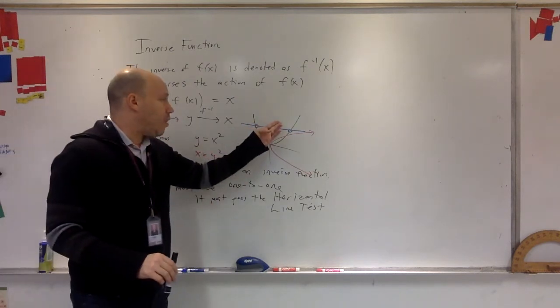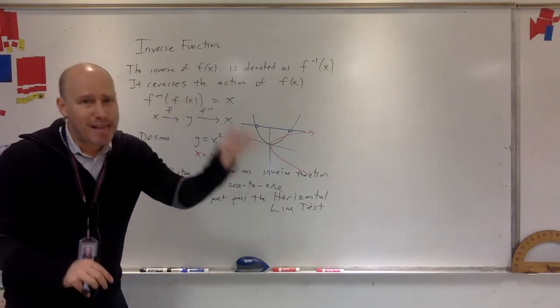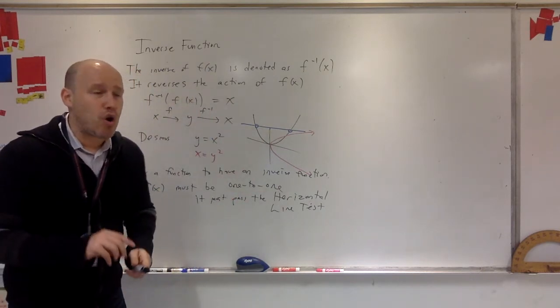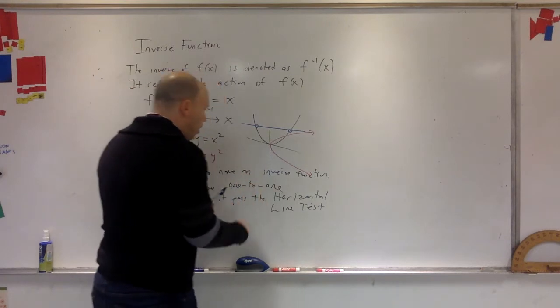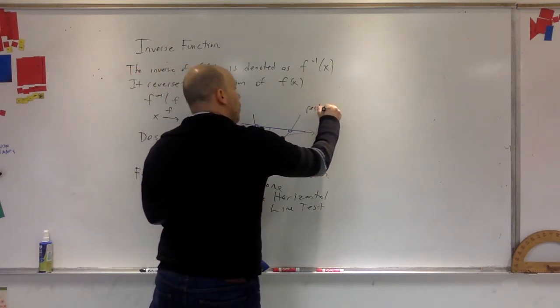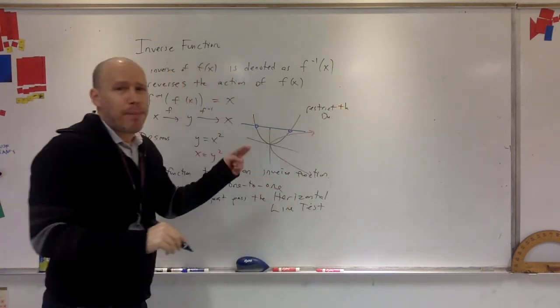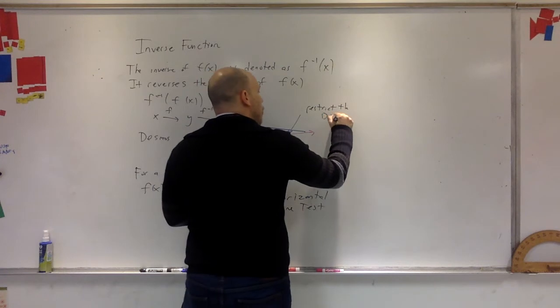We're going to see here that the parabola does not pass the horizontal line test. What we're going to do in a more advanced class is restrict the domain. Now, this is not part of SL, it might be part of HL. Restrict the domain.